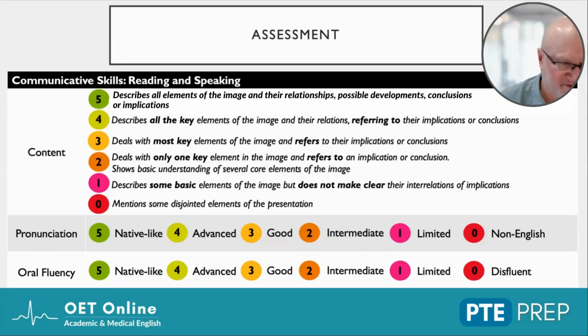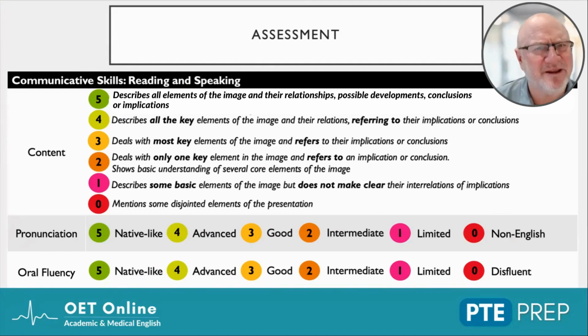How are you assessed? Again, with all the speaking tasks, content, pronunciation, and oral fluency. We know with pronunciation, oral fluency, we have that scale of 1 to 5, as we can see there. Content's a little bit interesting in this case. It's still 1 to 5, and to get 5 points, it says describe all elements of the image.